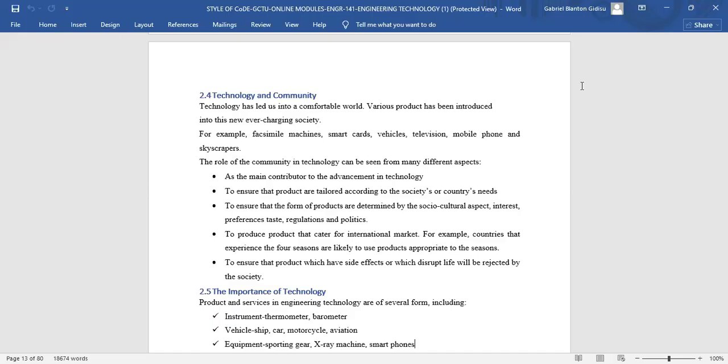The impact of technology. In fact, this age has witnessed a lot of drastic change. We call it destructive technology.